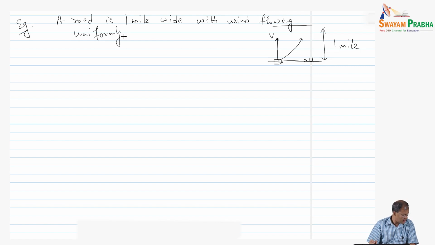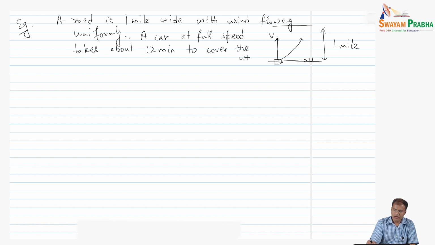Okay, so then it turns out that the problem is that we have a car which, at full speed, takes about 12 minutes to cover the width of the road, right? So this particular statement tells about the actual velocity of the car. The car is taking 12 minutes to cover 1 mile, right?